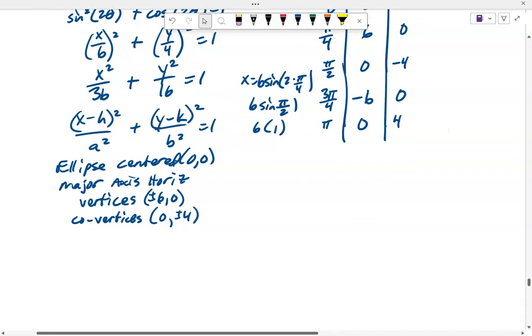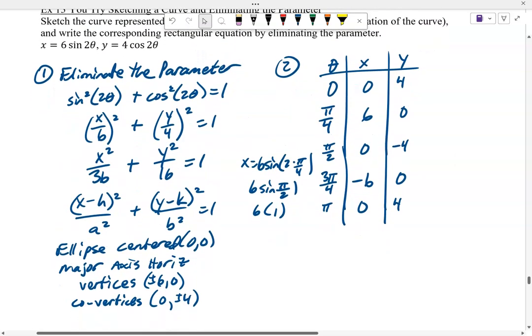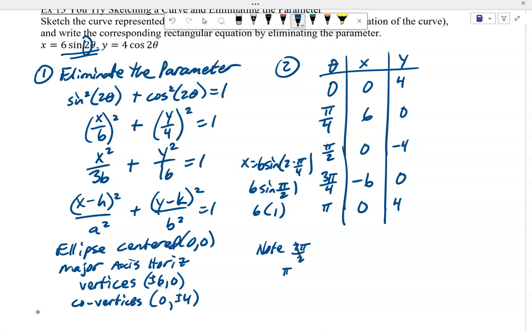0, 4. And then another way to think about this too is your period on this is 2 pi over that 2, right? So if I split pi up into fourths, so I go up pi fourths each time, up pi fourths, up pi fourths. So that'll be some real nice spots to plug in, right?